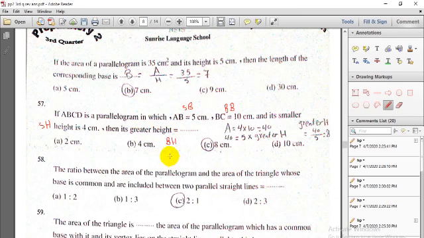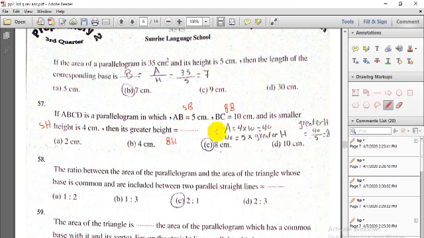Do you remember area equals what? Area equals smaller height times the biggest base. So it will be 4 times 10, which is 40. Very good. And the area also equals small base times the biggest height.